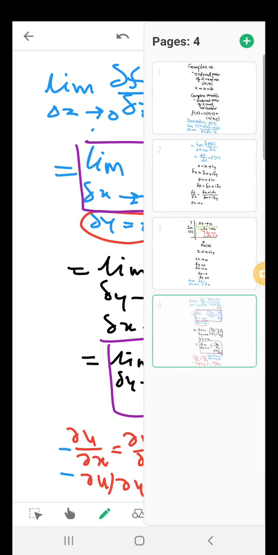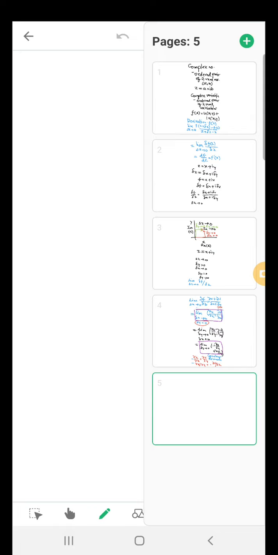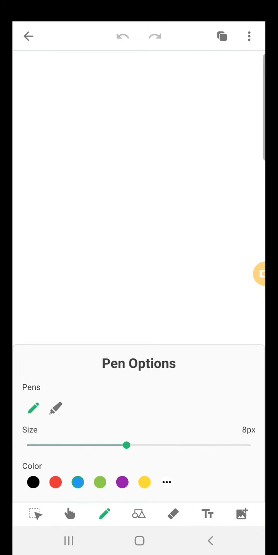So let us again come to the definition of an analytic function.